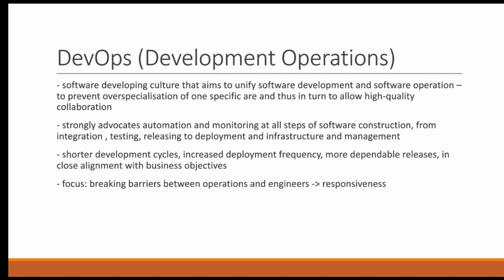And so it essentially breaks down barriers between operations and engineering by cross-training each team, and this approach allows everyone's ability to be of a greater scope and allow them to participate in each other's tasks, and thus leading to a more high quality collaboration and more frequent communication.